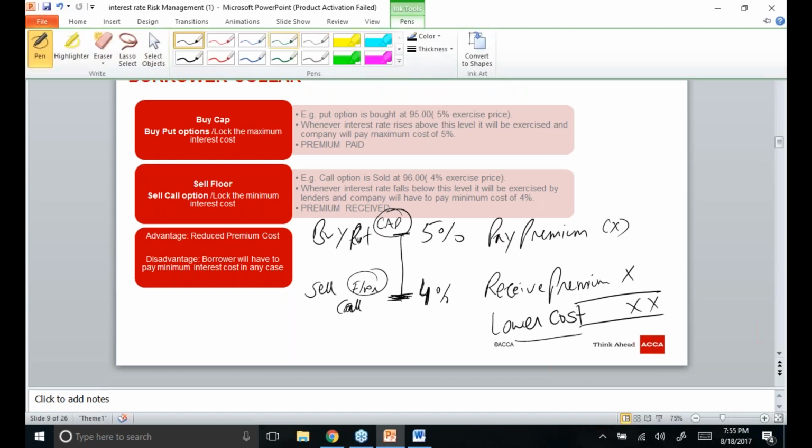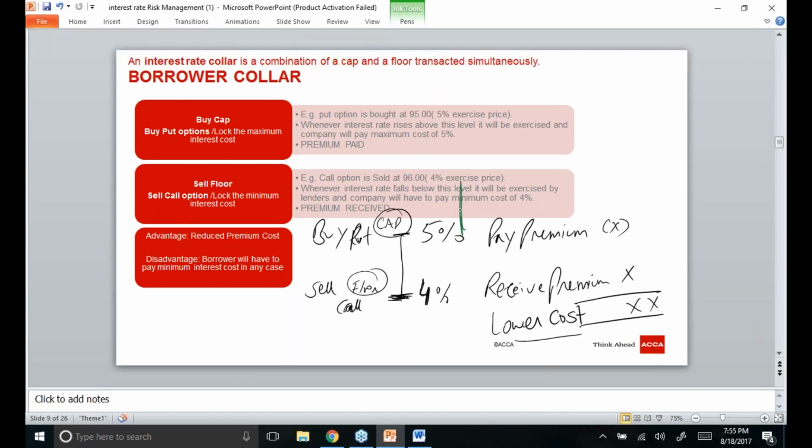So whenever interest rates are going up, you only have to pay 5%. Whenever interest rates are going down, you will have to pay the 4%.